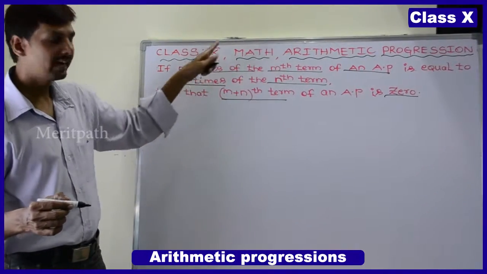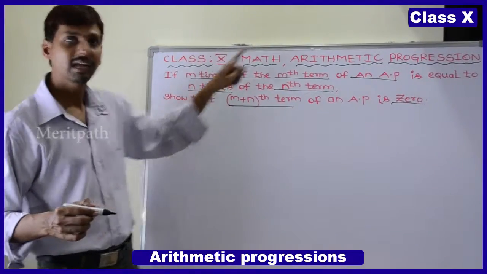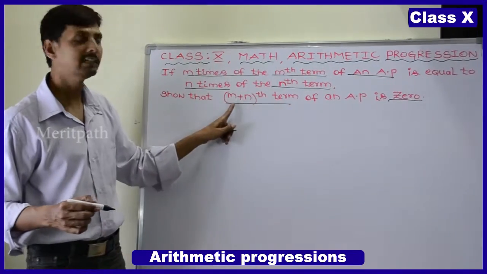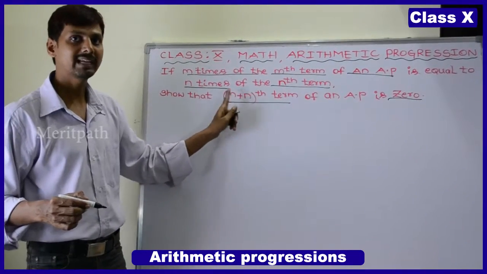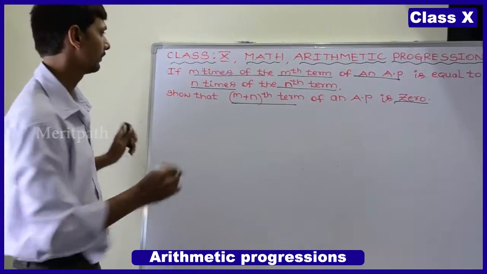If both are equal, then we need to find that the (m+n)th term is 0. Let us prove this.